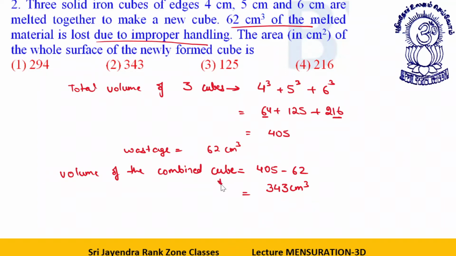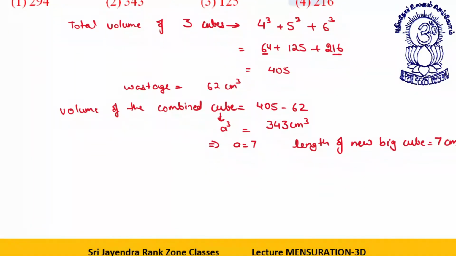What is the volume of a cube? The volume of a cube is a cube. This implies a is equal to 7. Therefore, length of the new big cube is 7 centimeter.